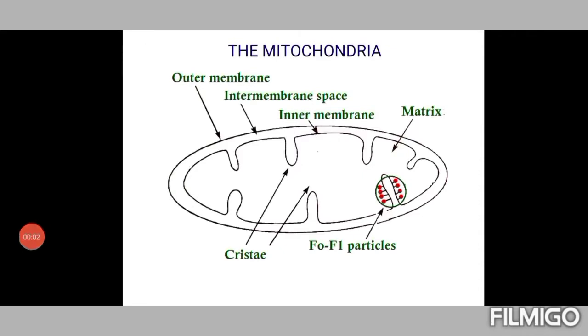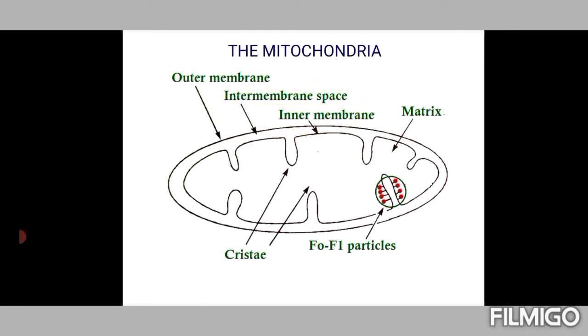Now we cannot proceed with explaining the electron transport chain as well as the process of oxidative phosphorylation without having a proper understanding of the structure of mitochondria. A mitochondrion is shown here with the outer membrane and an inner membrane, and in between there is an intermembrane space.